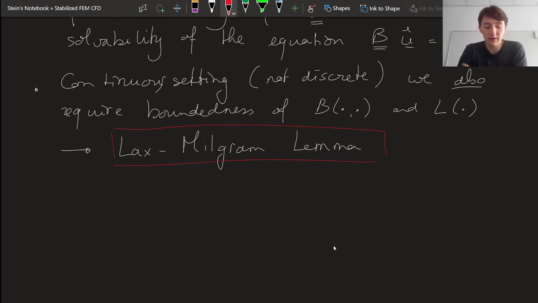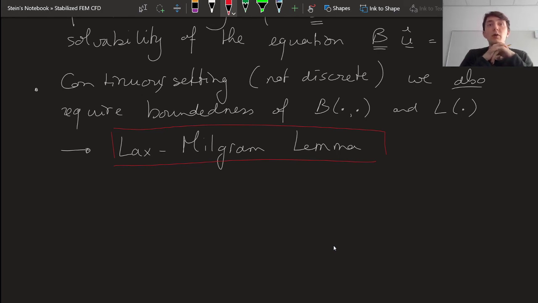So that is saying that if we have a statement like that, the one that we started with, the bilinear form equaling a linear form, and the bilinear form is coercive, and the bilinear form and the linear forms are bounded according to the definitions that we saw, then a solution exists. And in fact, the Lax-Milgram lemma also says that the solution is unique. That's the thing that we'll talk about in a second.